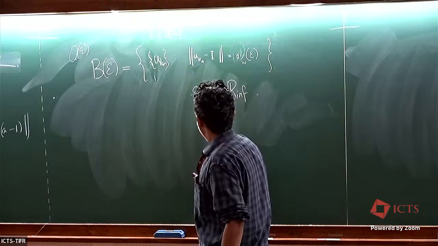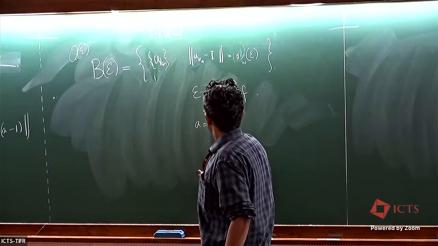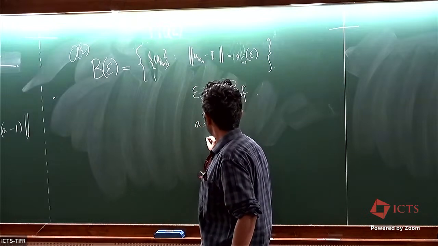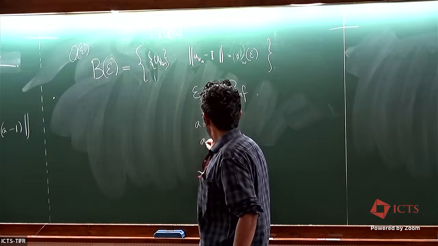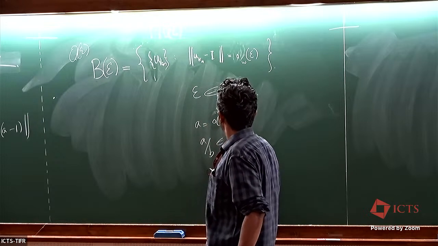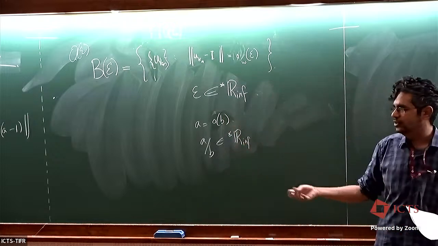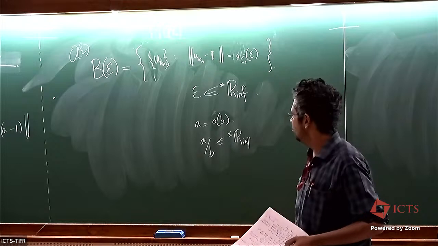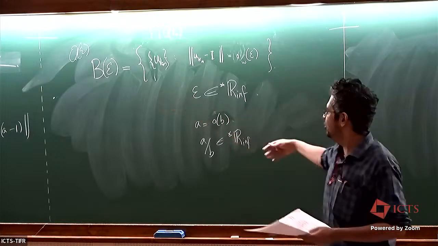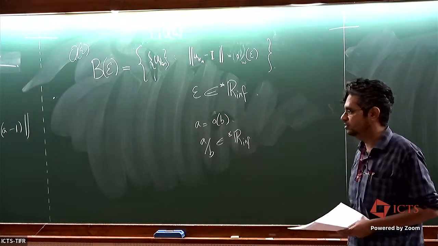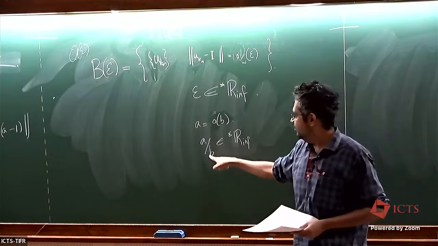A is equal to small o of B if A by B is an infinitesimal. So it's basically the same idea of this big O small o notation, but in a much more precise sense with ultra products. It is A by B is an infinitesimal.